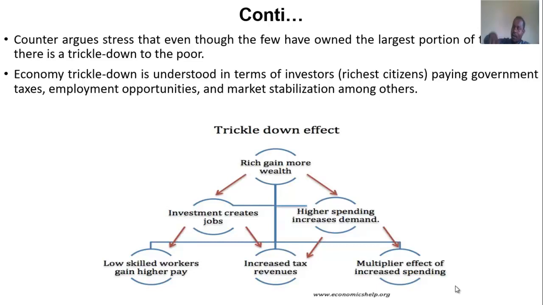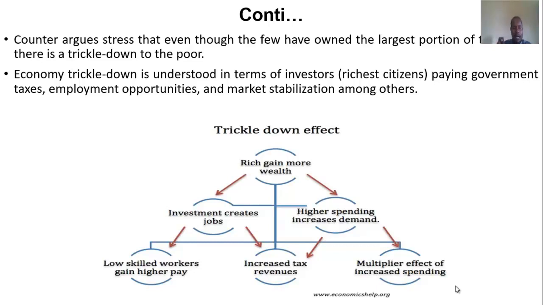The wealth owned by the richer section of the society will trickle down to the poorest section of the society. They stress that even though the few own the largest portion of the wealth, there is a trickle down to the poor, and the trickle down concept is a very notable concept in the field of economics and development.